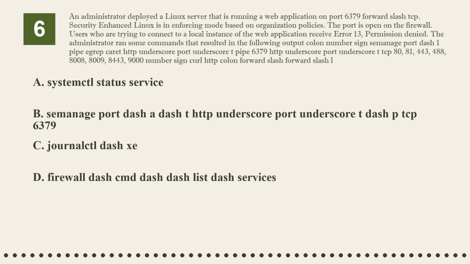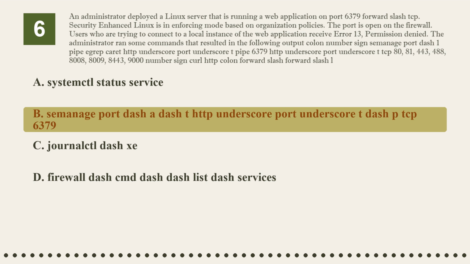http://l. Option A, systemctl status service. Option B, semanage port -a -t http_port_t -p tcp 6379. Option C, journalctl. Option D, firewall-cmd --list-services.